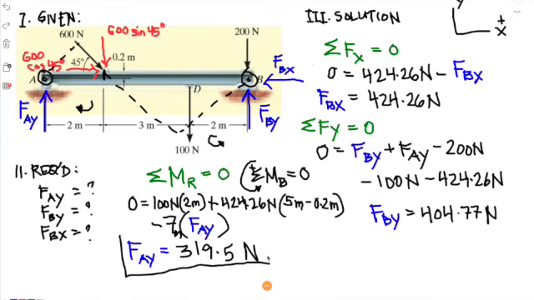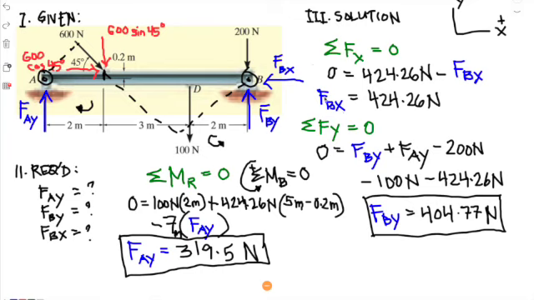Okay, so you just need to compile that into section 4 for the answers. And as you can see, all of our solved values are positive. That means our assumptions are correct.